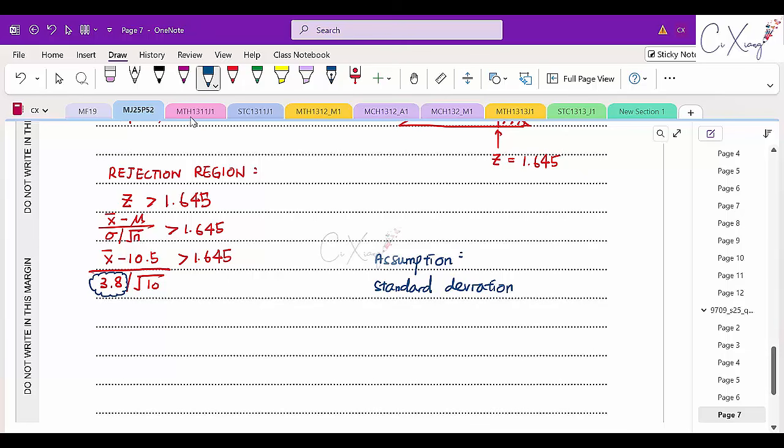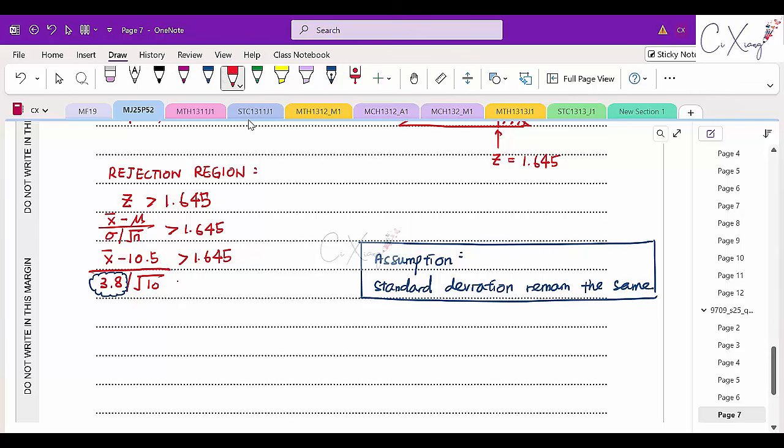This is the assumption that you should write out in your calculation, because the question did ask you to list out the assumption that you make here. So our assumption is that the standard deviation when we carry out the test is the same as the population standard deviation.